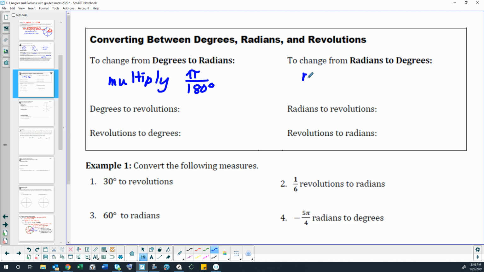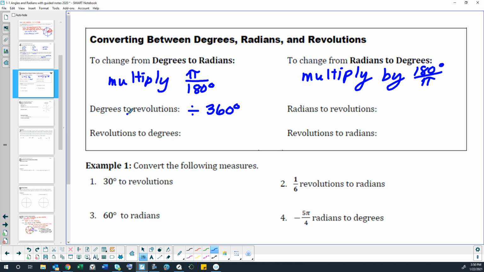So if we are changing from radians to degrees, we're going to multiply by 180 over pi. Again, getting rid of radians, changing to degrees. If we want to change from degrees to revolutions, we are going to divide by 360 degrees. Because there's 360 degrees in one revolution, right?